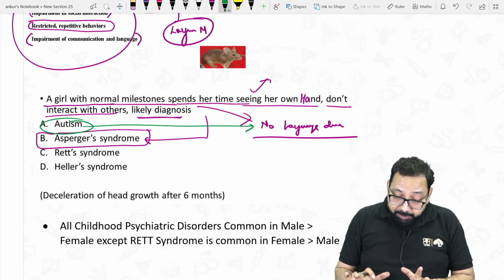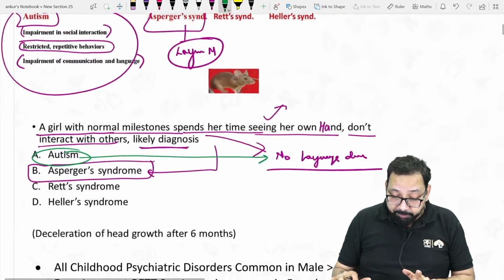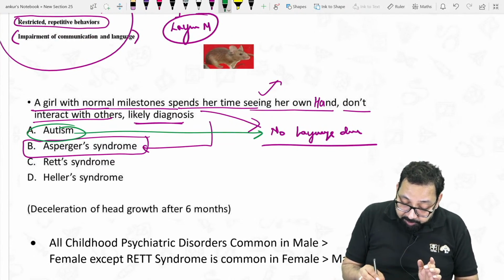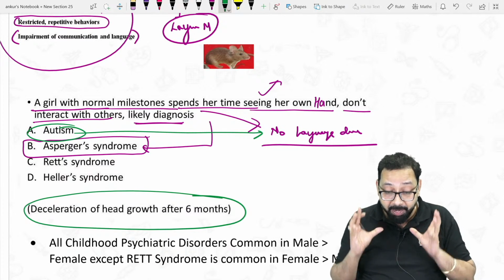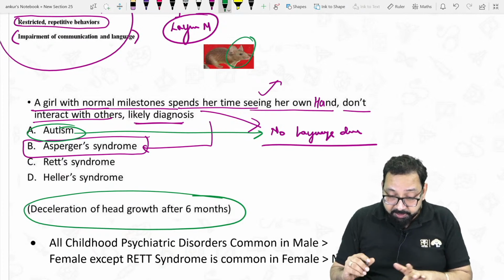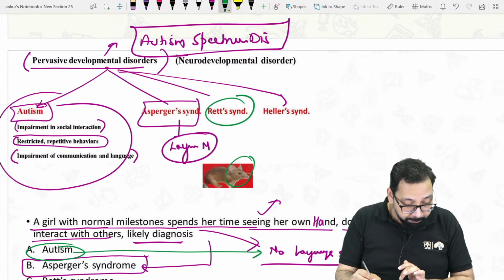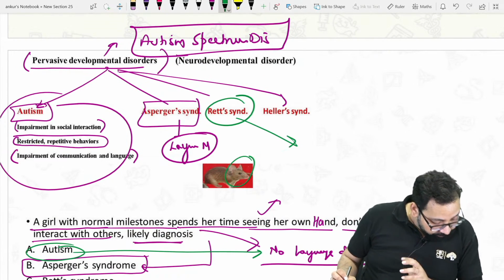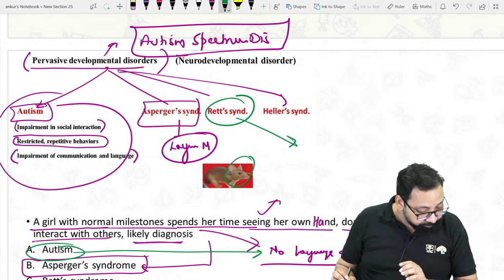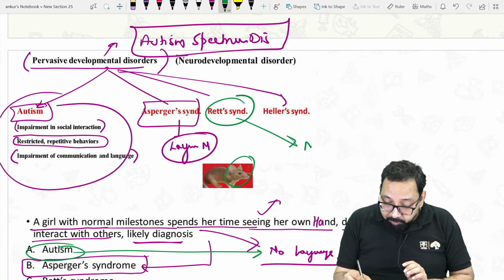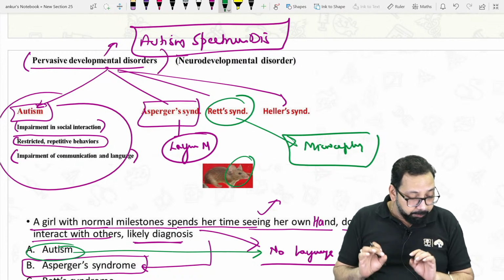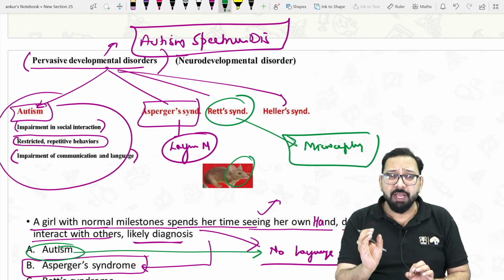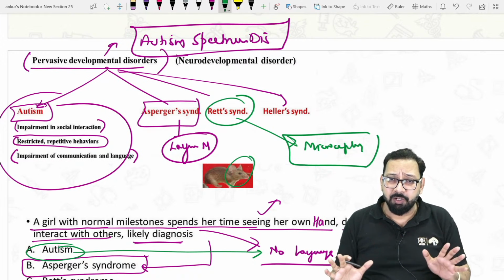If they give that the patient has deceleration of head growth after 6 months, meaning microcephaly, Rett syndrome. If microcephaly is there, without second thought, the answer is Rett syndrome.